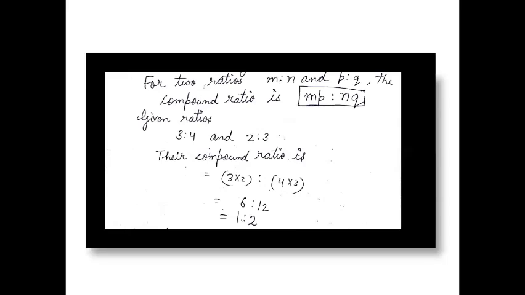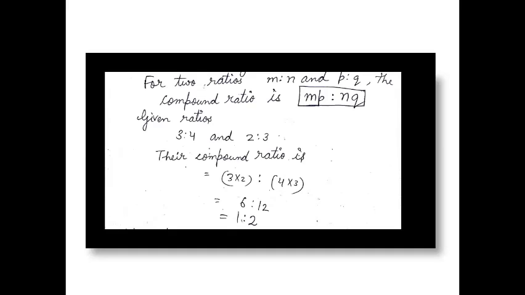For example, you can see here 3:4 and 2:3. If we have to find the compound ratio between these two given ratios, then the compound ratio will be equal to 3:2 ratio 4:3. 3 times 2 is 6, and 4 times 3 is 12. 6:12 can be written as 6 upon 12, which can be changed into the lowest term as 1:2.